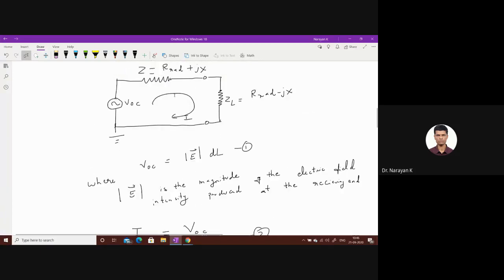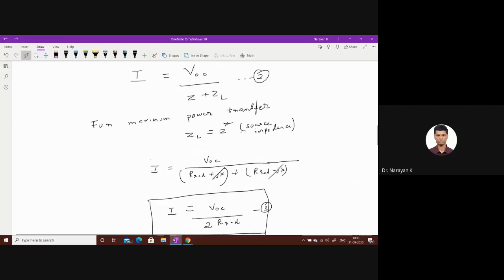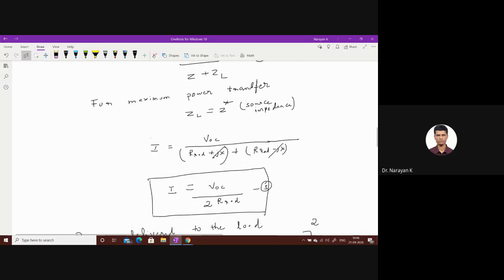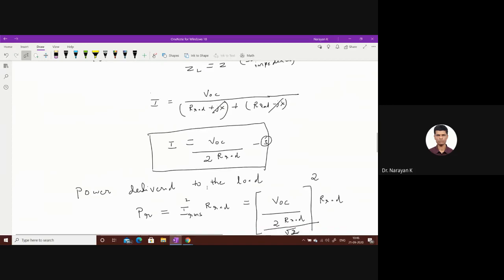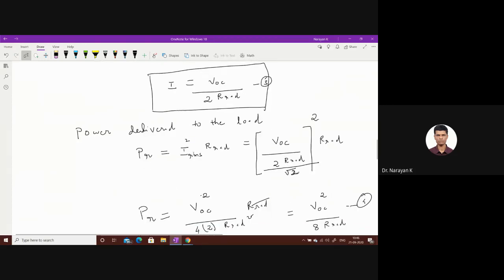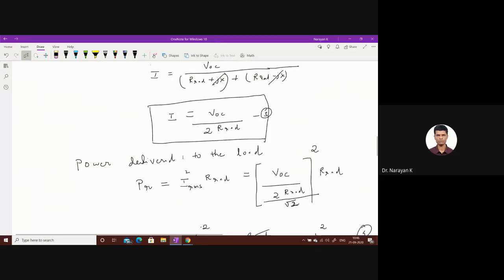So I can find the current I, that is V divided by Z plus Z_L. If I use the maximum power transfer theorem, the reactive part will get cancelled, so you will get voltage divided by 2 times radiation resistance. Power delivered to the load is I square RMS into radiation resistance.